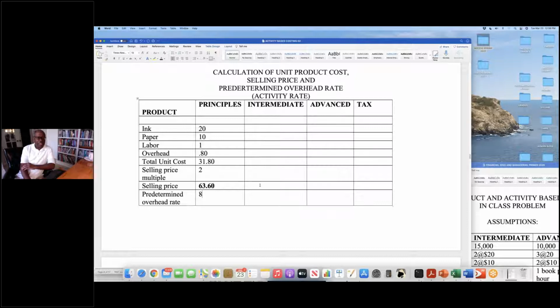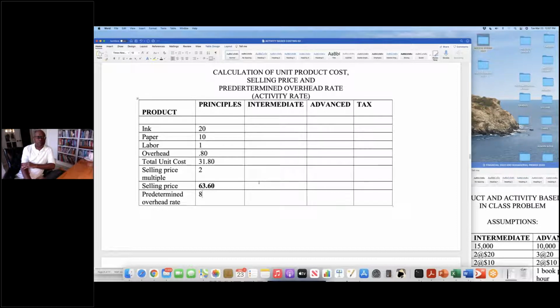Intermediate, do you all have a selling price? That's all I'm asking. Advanced, do we have a selling price? And tax, do we have a selling price? I do, but I'm not confident I got it right. Why are you not confident? I don't know, because I'm just learning this. So what do you have a selling price for?